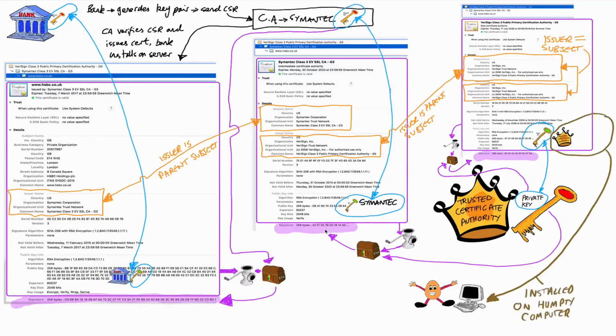So if the signature and the hash correspond, and more to the point, the signature can only have been created by the trusted certificate authority, then we know that this content itself has all been validated by VeriSign, which is a trusted root.